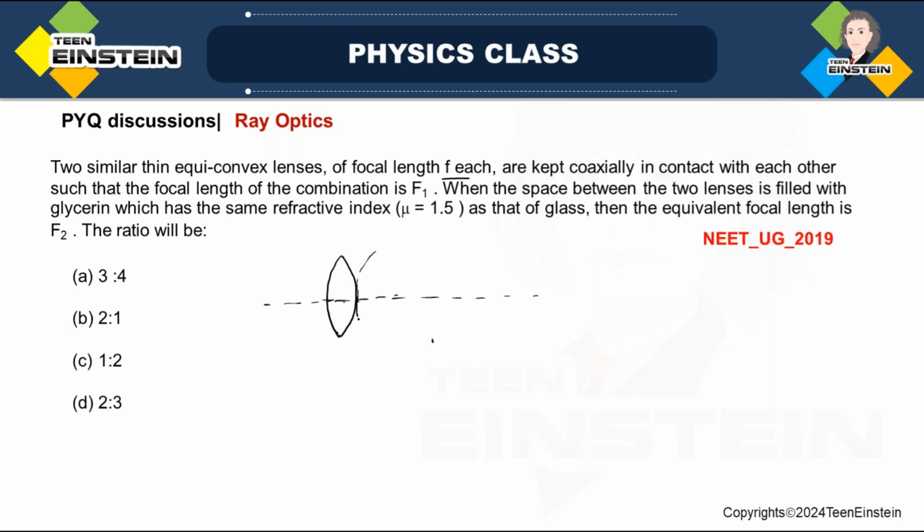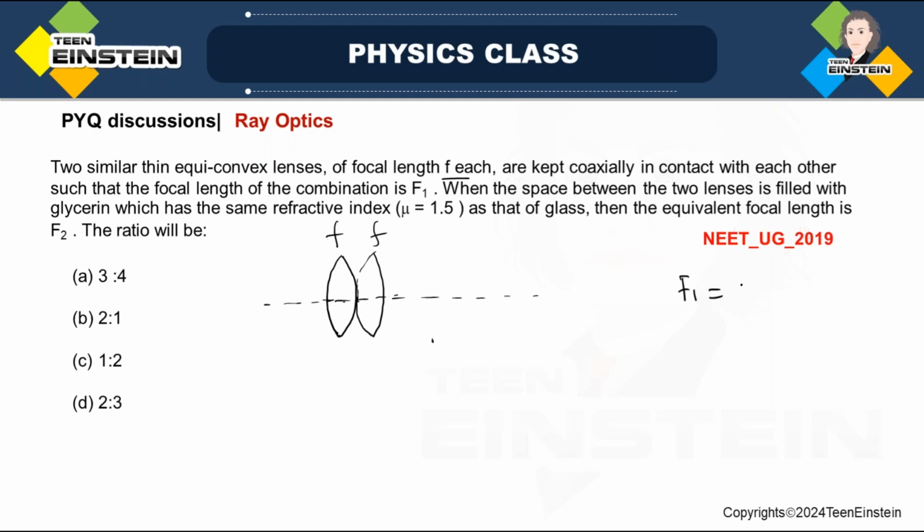So I have another lens like this. Okay, both of them are having the same focal length f and f. They're kept coaxially, such that the focal length of the combination will be f1. So that is how much?